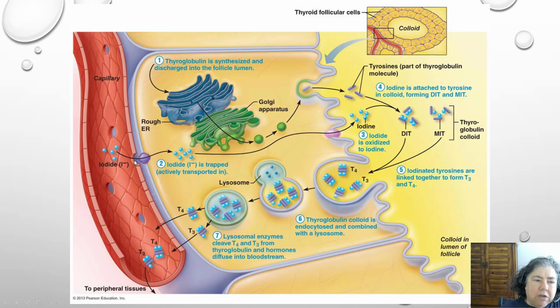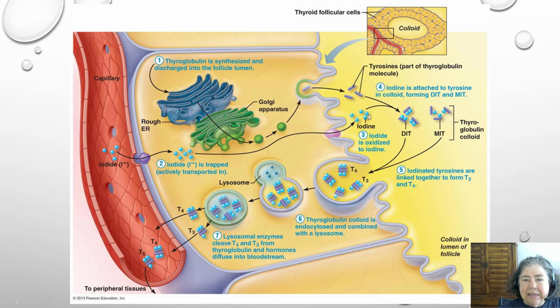The iodide that's circulating from dietary sources, and one of those dietary sources is seafood, things like seaweed and iodized salt in places that are far from the sea. So the iodide moves into the cell as a secondary active transport in association with sodium ions.